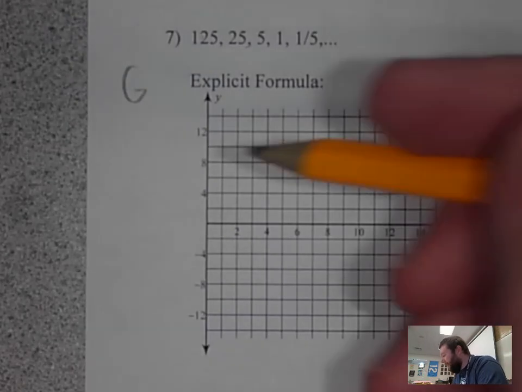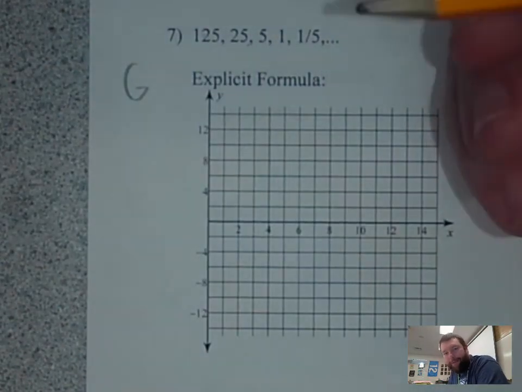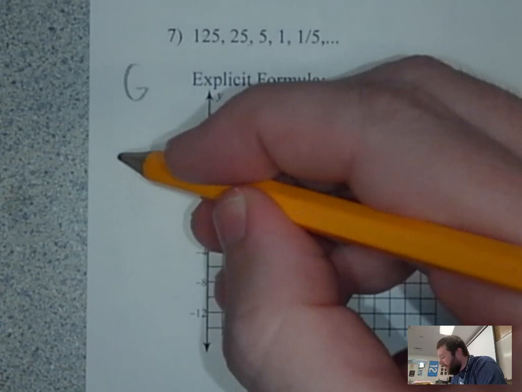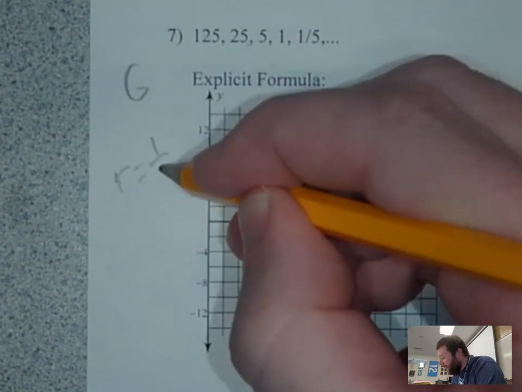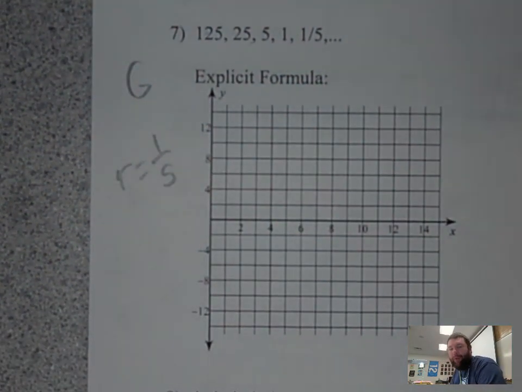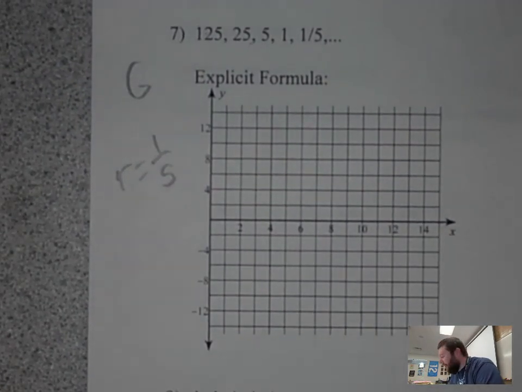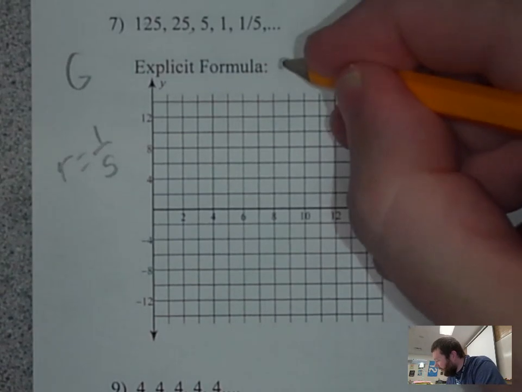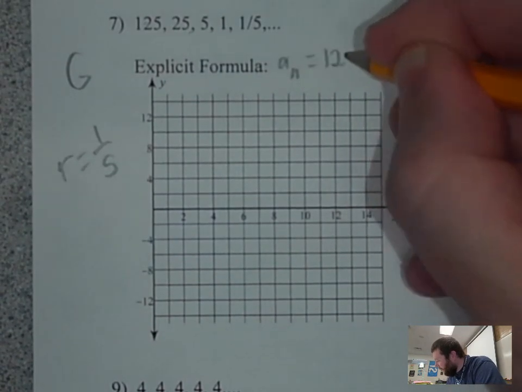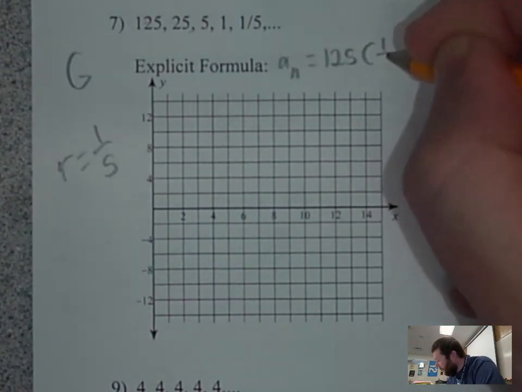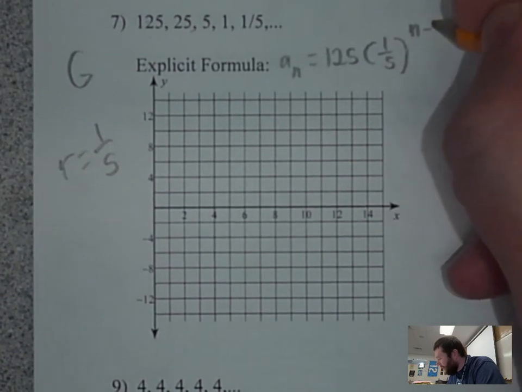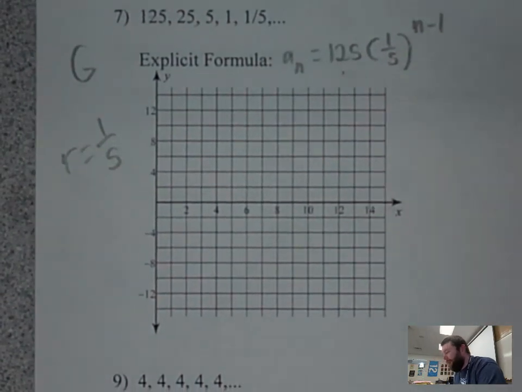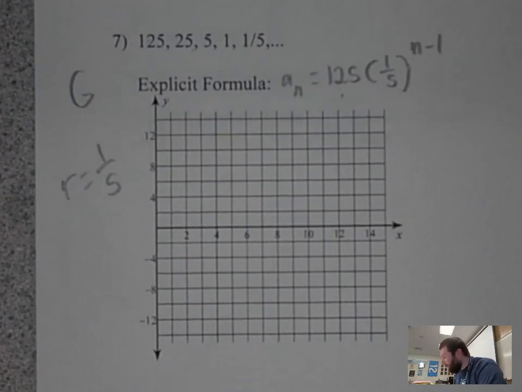So it's dividing by 5, but again, we write that as a fraction when we put it in our equation. So the ratio is 1 over 5, because that's what you would multiply. That would be the same as dividing by 5. So our formula would be a sub n is equal to 125 times 1 over 5 to the n minus 1 power. Again, first term and ratio with geometric.